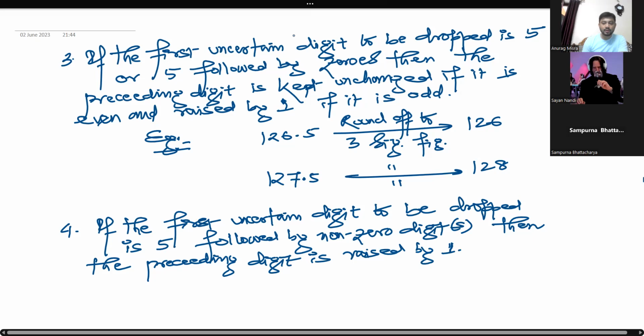So very simple, these are the rules for rounding off numbers.